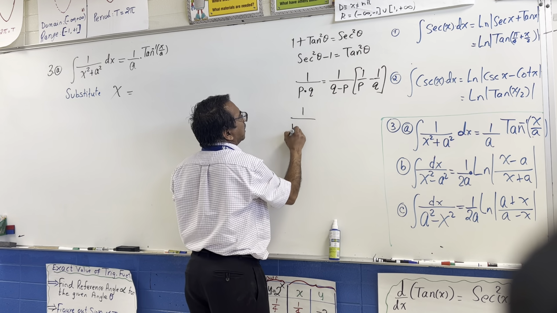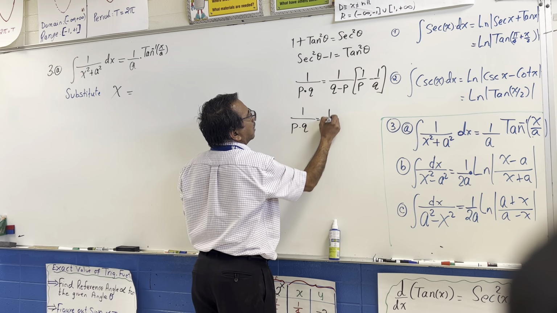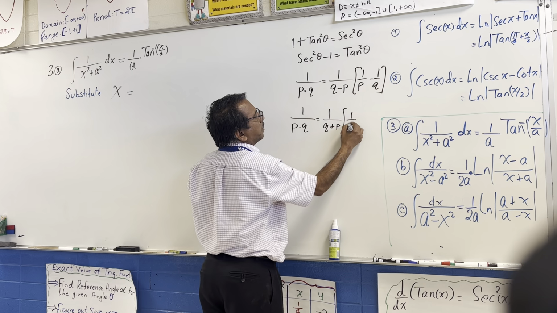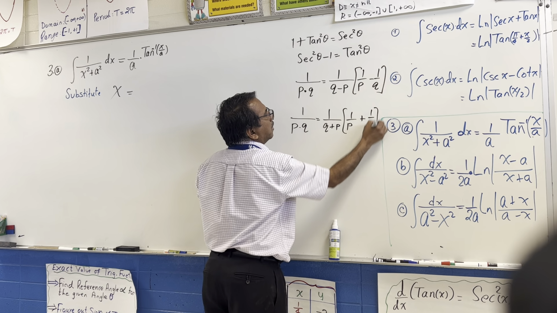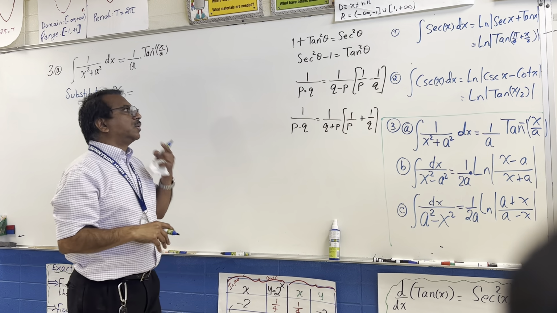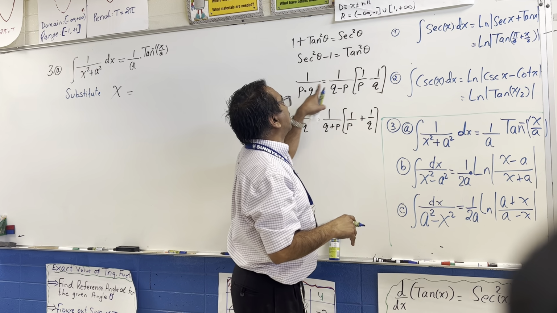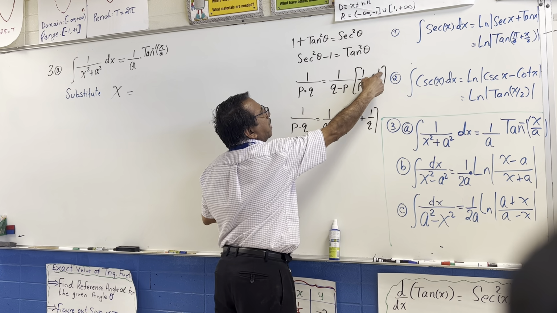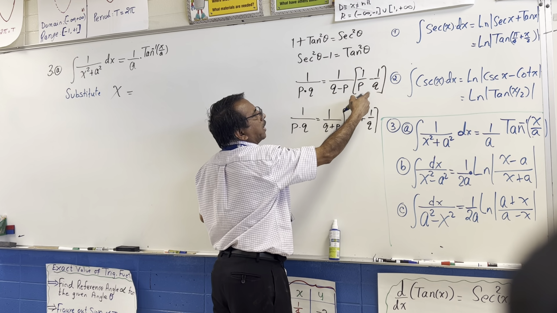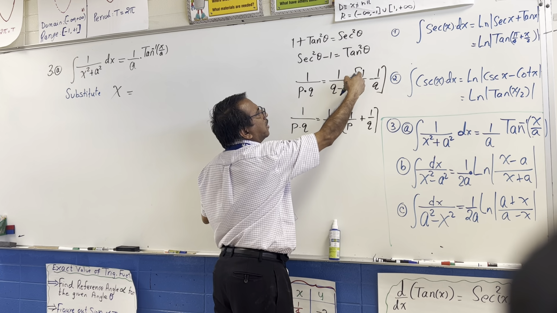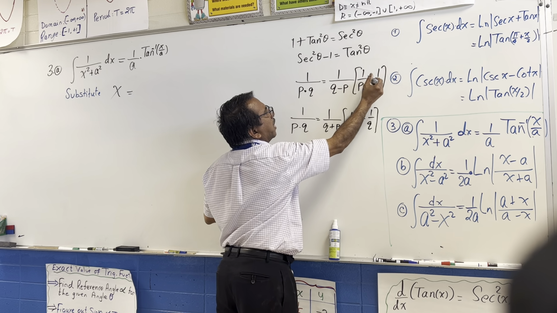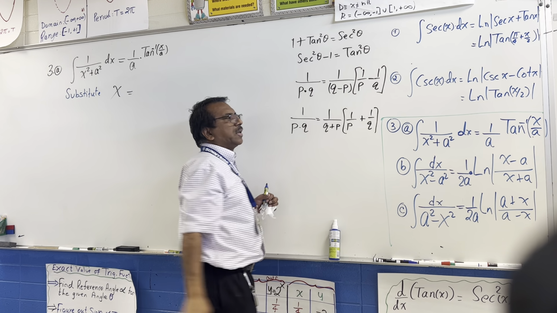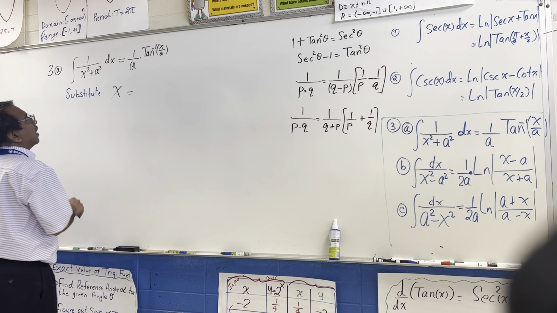This is what we are going to use, and you can always check whether this is true, because you multiply Q, you multiply P, and then you try to get the same denominator, and this will be Q minus P. So Q minus P will cross out with this one, and you end up getting the PQ in the denominator. The same thing.